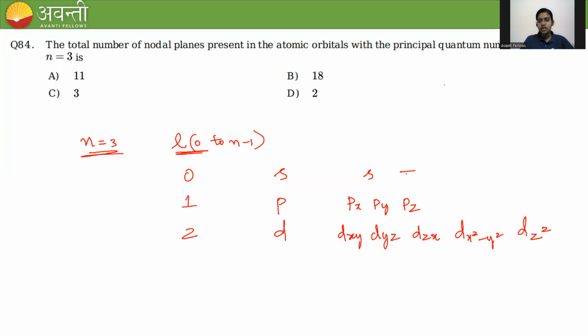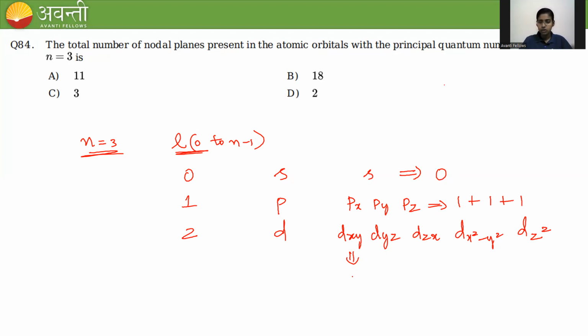The s orbital doesn't have a nodal plane, so it is 0. Each p orbital has one nodal plane, so 1 plus 1 plus 1. Coming to the d orbitals, the first 4 d orbitals will have two nodal planes. A nodal plane means where the probability of finding the electron is 0, called a node. So here we have 3 for p, because the d orbitals have a double dumbbell shape, right?